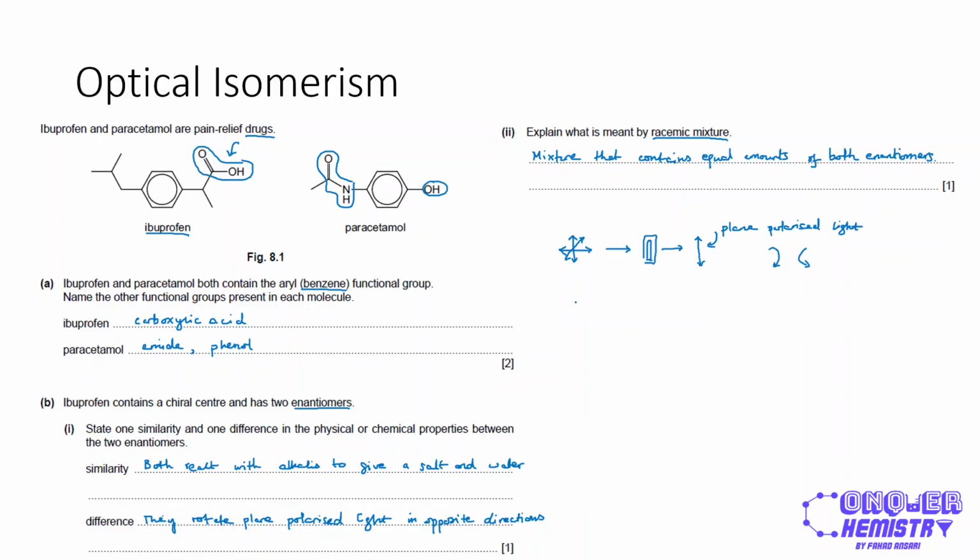So normally drugs are given as the pure optical isomer, the enantiomer that has the desired effect. And racemic mixtures, by the way, if you pass plane polarized light through them, the light will not rotate in any direction because you have equal amounts of both enantiomers that have opposite effects of rotation, which will cancel each other out.